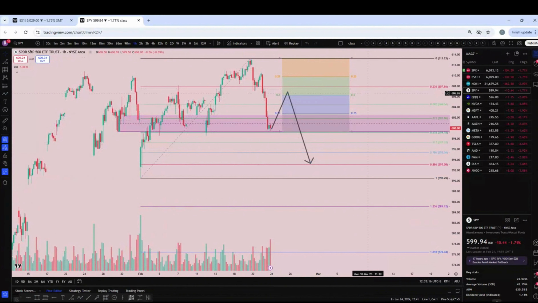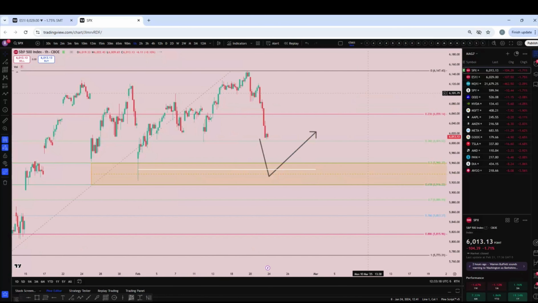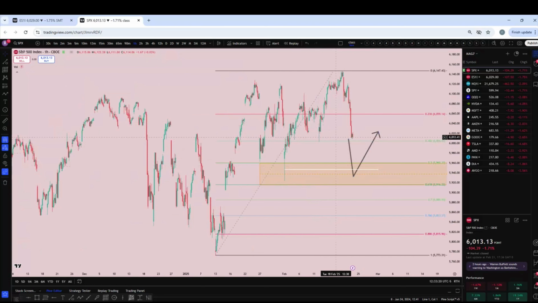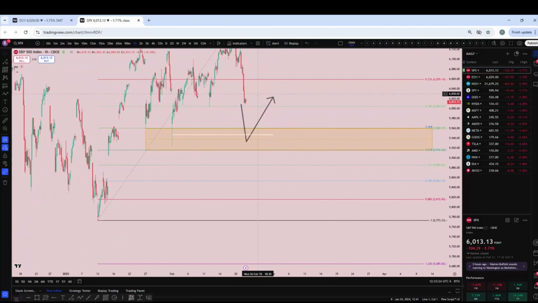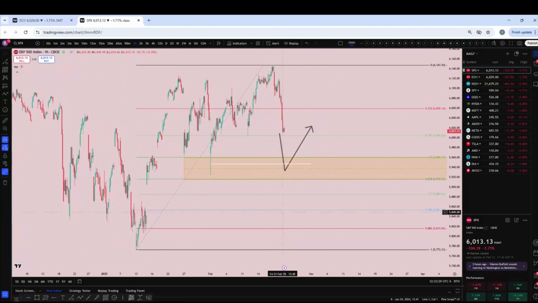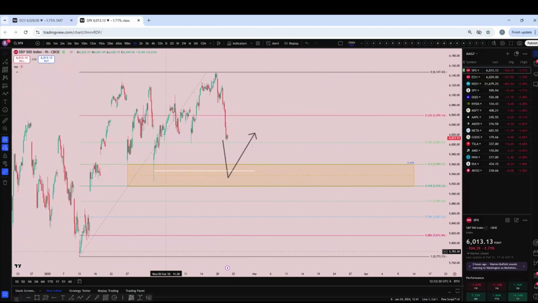And then let's look at SPX real quick. So this is for if we continue to fall from this area, we come up. But before we fall again, I want to see if we come back into the range next week. So if we come back into the range first instead of falling first, right?